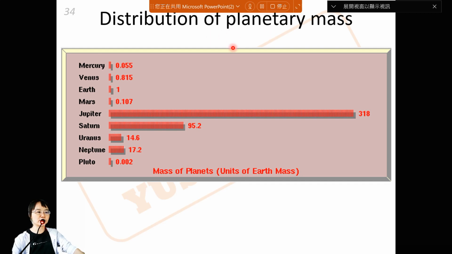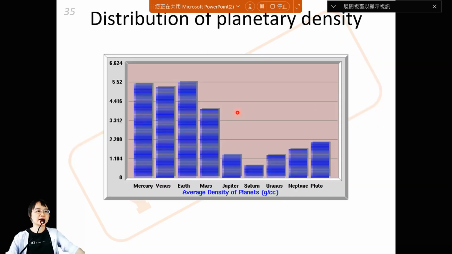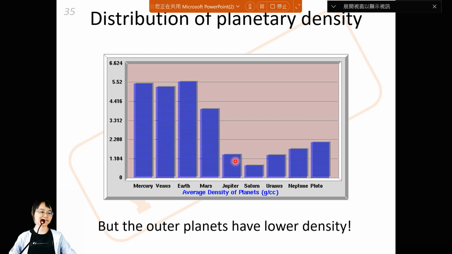That's the mass distribution. We have two giants, Jupiter and Saturn. These are their densities. As large as Saturn is, if you put it on water, it will float because its density is less than 1. For us, with small inner solar system planets, we are small but compact. We have density higher than 3. And the outer planets all have low density.